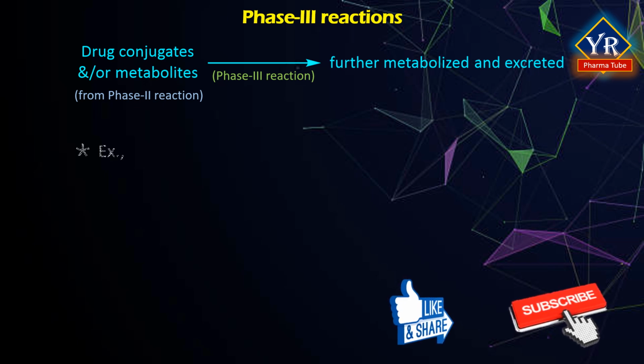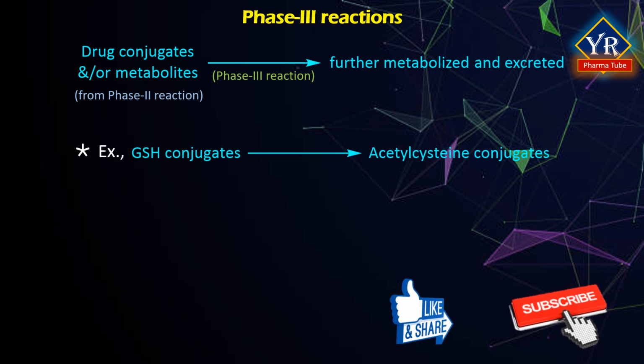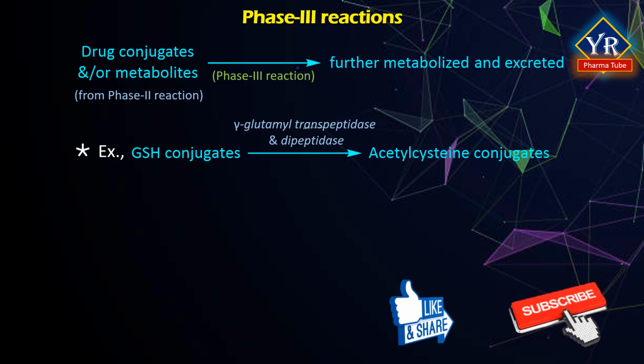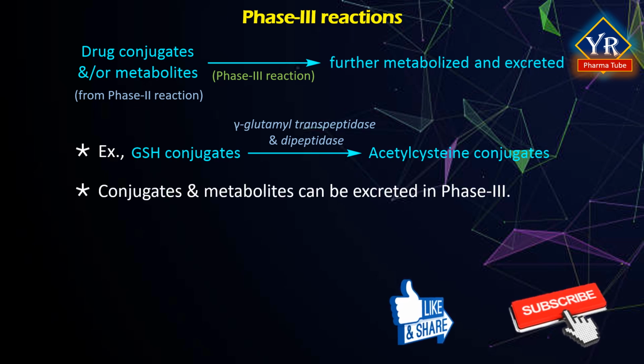A common example is the processing of glutathione conjugates to acetylcysteine conjugates. Here, the gamma glutamate and glycine residues in the glutathione molecule are removed by the gamma glutamyl transpeptidase and dipeptidase enzymes. In the final step, the cysteine residue in the conjugate is acetylated.